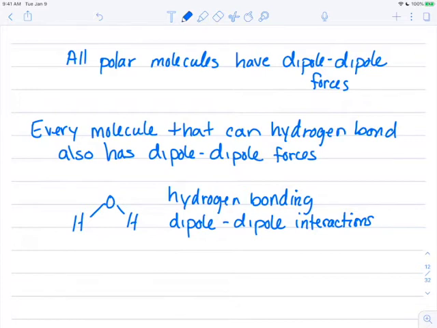Any questions on anything we've talked about so far with our hydrogen bonding or our dipole interaction?